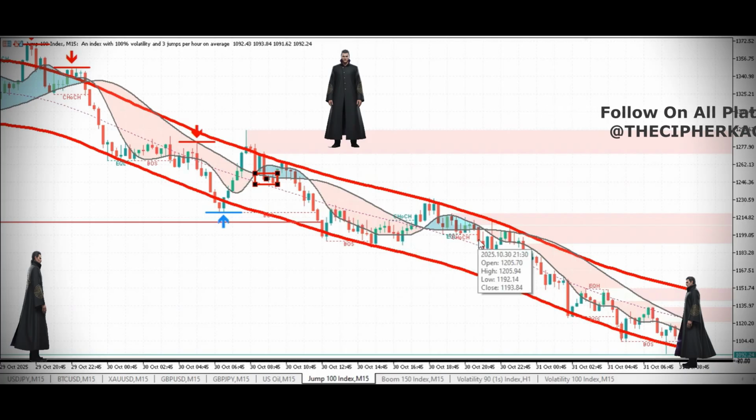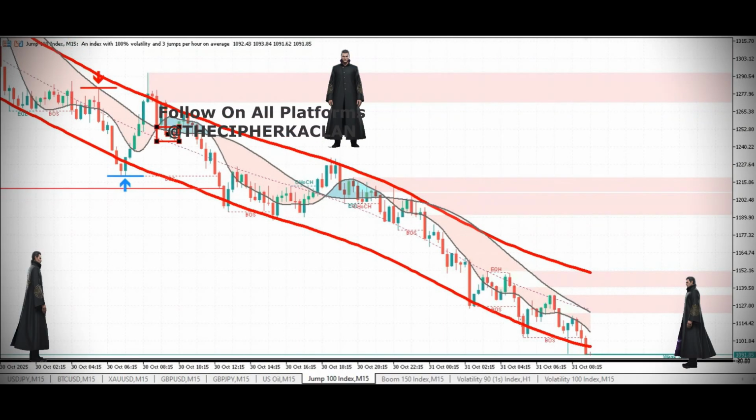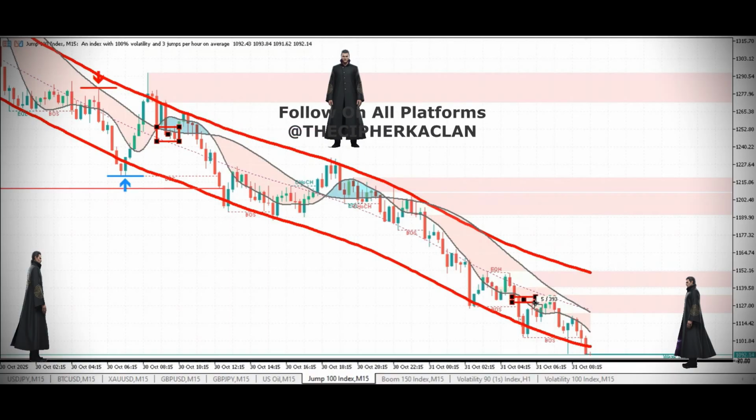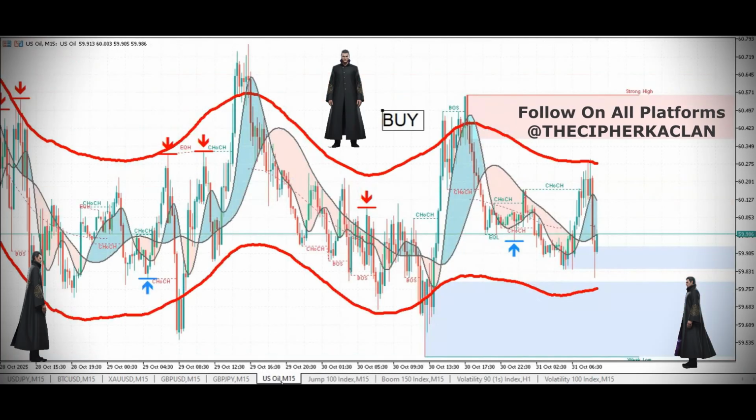Would have taken another sell, just like that, right up to here, right until we see something like this. So it came up, it didn't break this cloud, so we would have taken our sell again right here. So that is just how the jutsu is. It works on every market, it works on every single market.